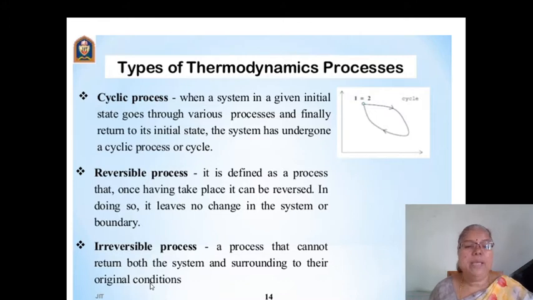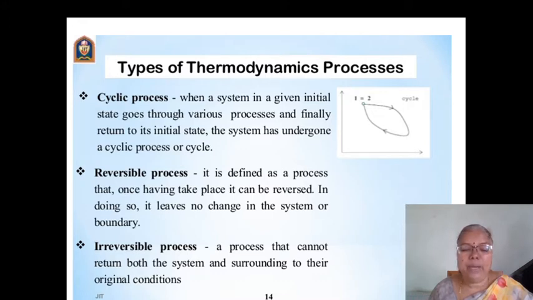Then the irreversible process. An irreversible process takes place in one direction, a unidirectional process, and the change produced is a rapid change, and the system is not in pressure and temperature equilibrium with its surroundings.